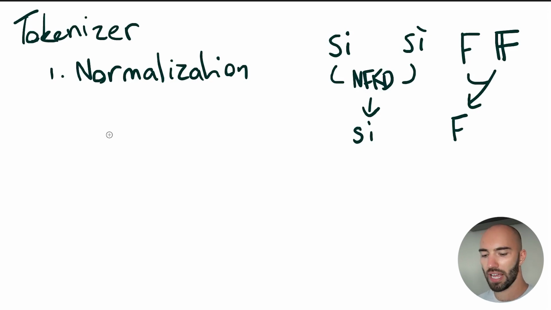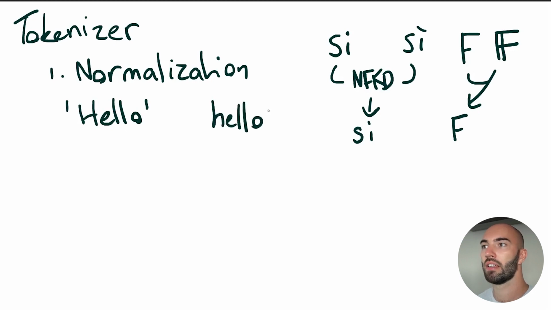So, for example, if we have the word hello, and we also have the word Hello like this. Now, without lowercasing, these may become two separate tokens and take up more space in our tokenizer vocabulary, where we only really want to keep Dhivehi characters or words.